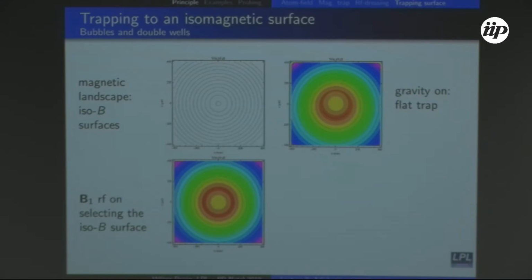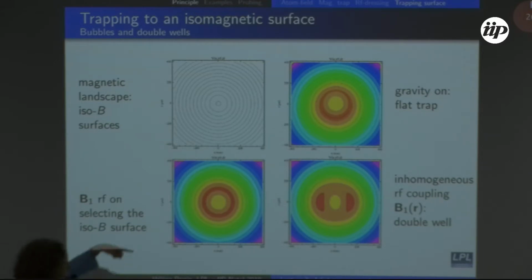But now if I choose a polarization horizontal, perpendicular to the main magnetic field, what will happen? Remember, in the Ioffe-Pritchard trap, you have the magnetic field like that. But if I go there, it turns. But that's the direction I have chosen for my RF field. Okay?